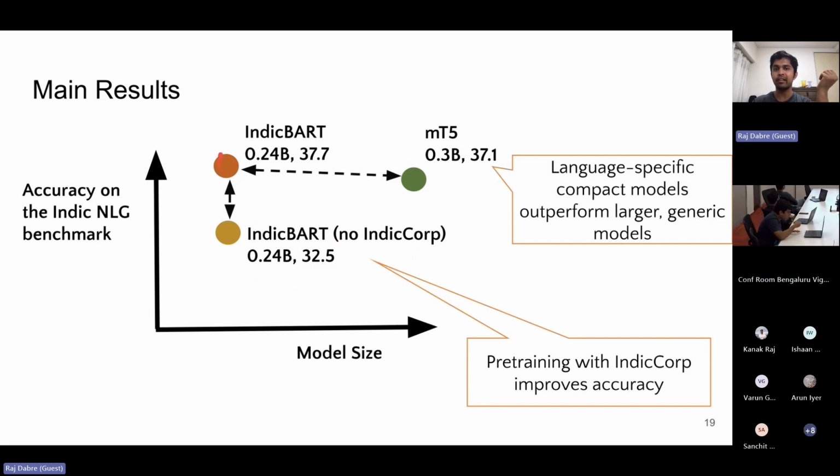But when we have pre-training done with IndicBART and monolingual corpora, the score jumps from 32.5 to 37.7. What happens when you have a comparable non-language specific model like mT5? Well, you have 37.1, which is close to 37.7, but it turns out that, since IndicBART is more language specific and pretty compact, this is the model that you want to focus on.